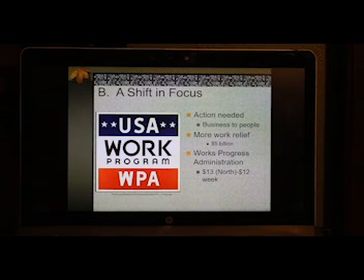Now, the wages varied from about $13 in the North to $12. And between 1935 to 1938, the WPA hired more than 2.1 million people doing manual labor, like building roads, schools, public buildings.